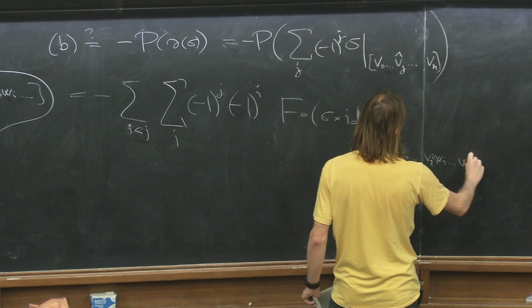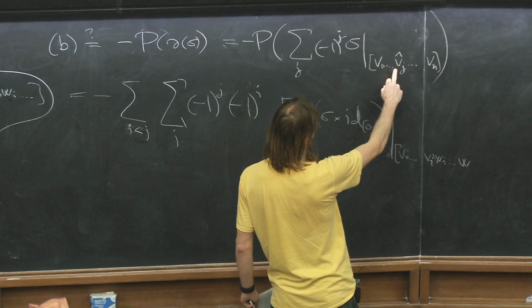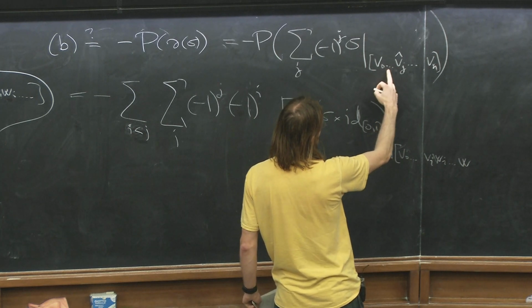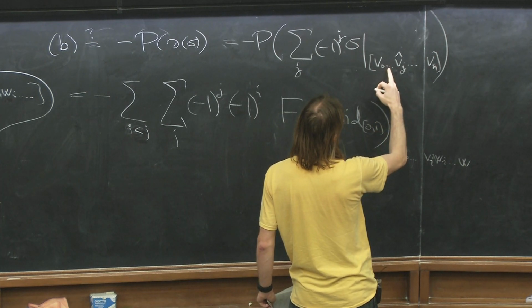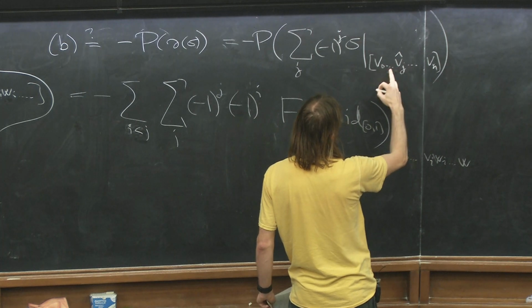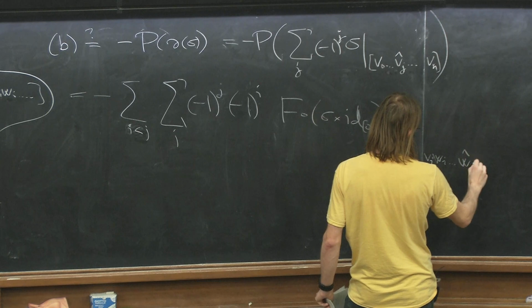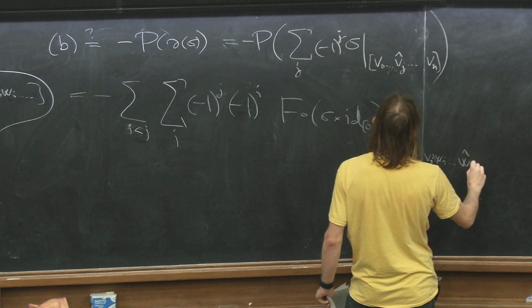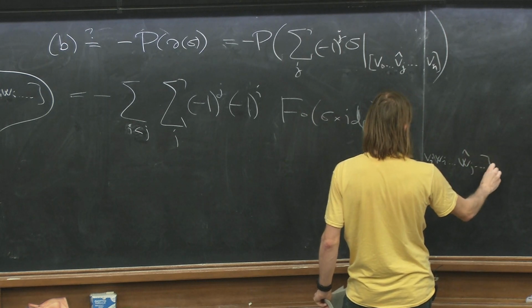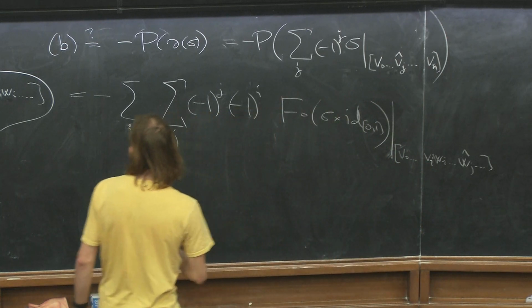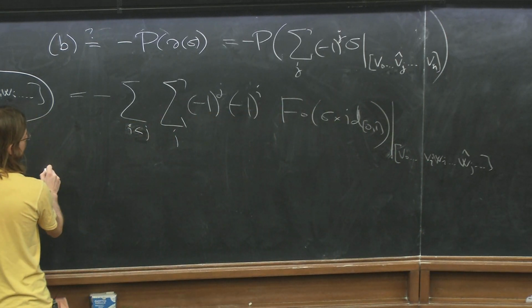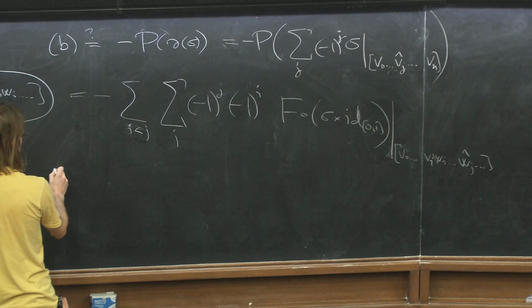And here, before, we removed the Vj vertex, but since we replaced all vertices before this from some point with W, this means that we now remove Wj.